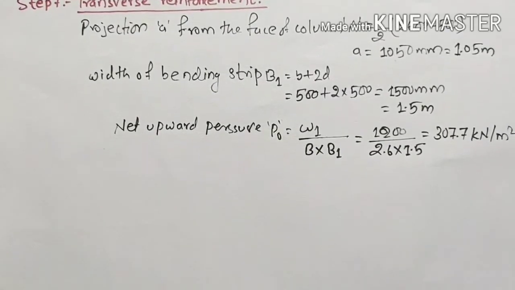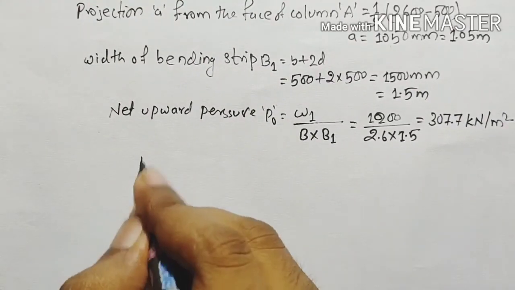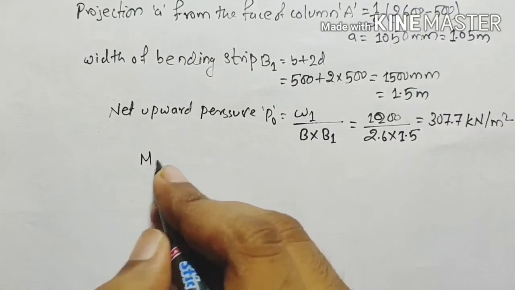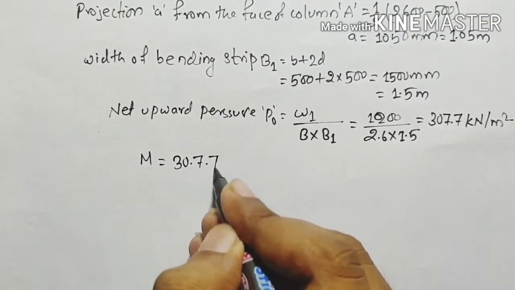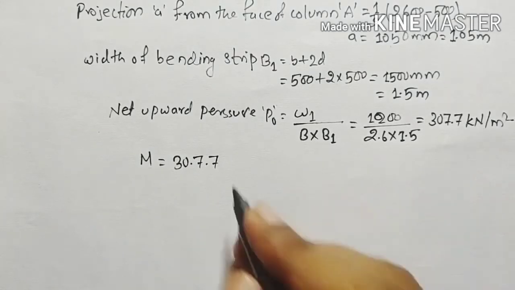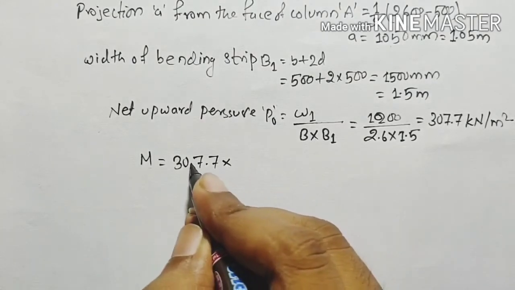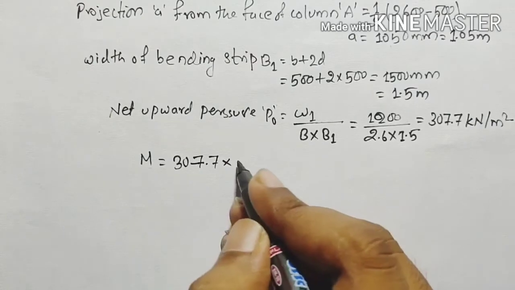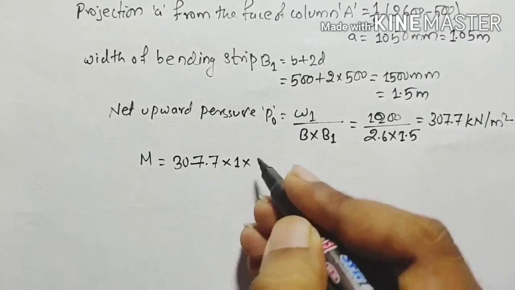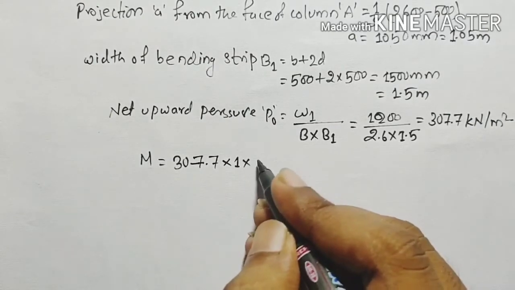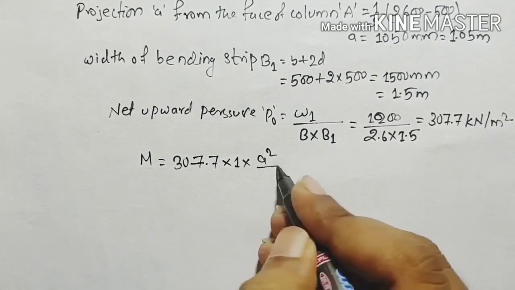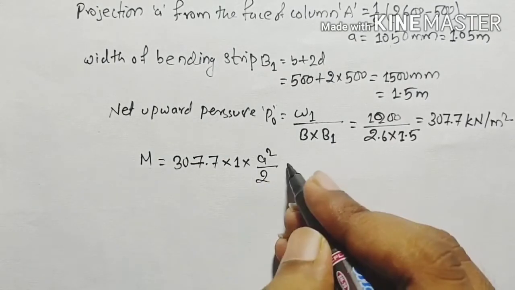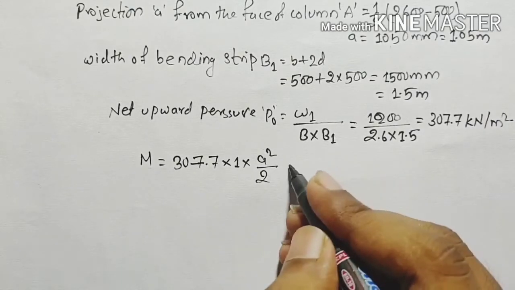Now the maximum bending moment. M equals 307.7 kilonewton per meter square, taking a distance of 1 meter, into the area of the projection, that is A square by 2, which is A times A by 2.